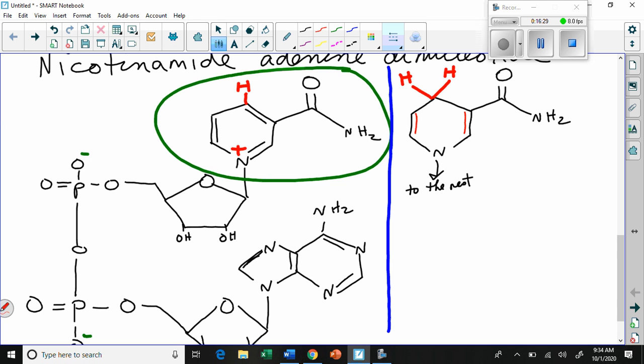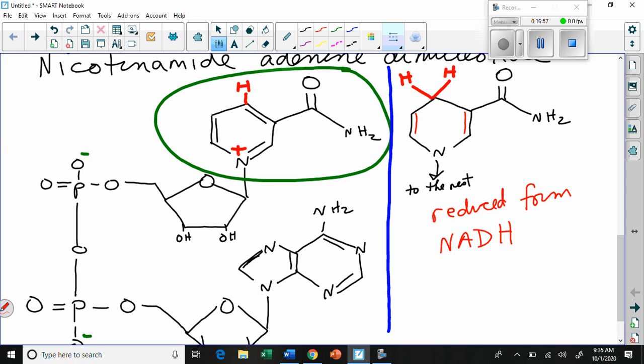The carbon there has attached itself to another H, which means that it's changed its position and bonds as well. So this is what we call the reduced form over here. Reduced form. And it's called NADH because of the addition of an additional hydrogen atom.